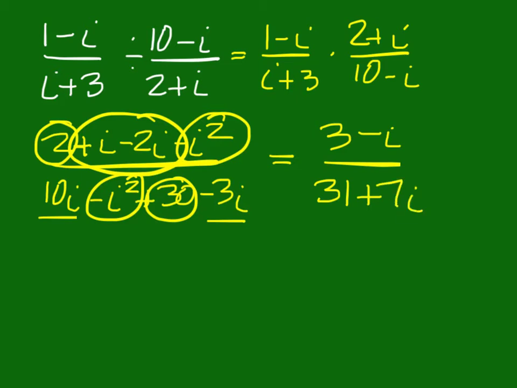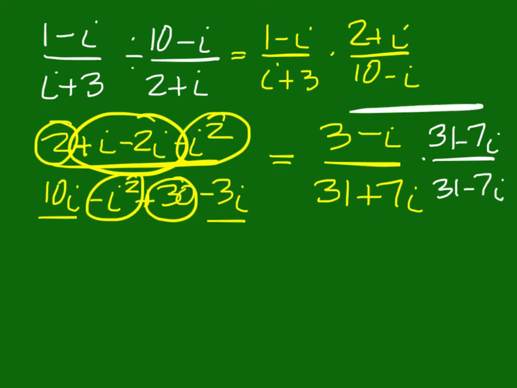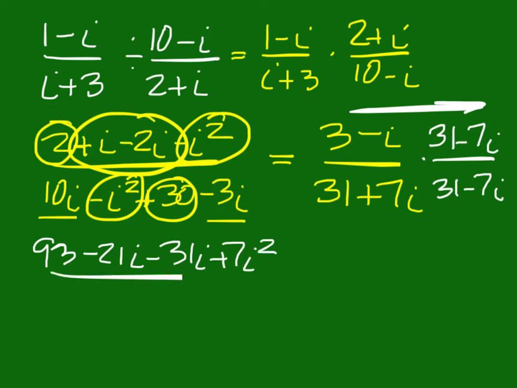Now we have to multiply the top and the bottom by 31 minus 7i. So from here, we'll have 93 minus 21i, and then minus 31i plus 7i squared.